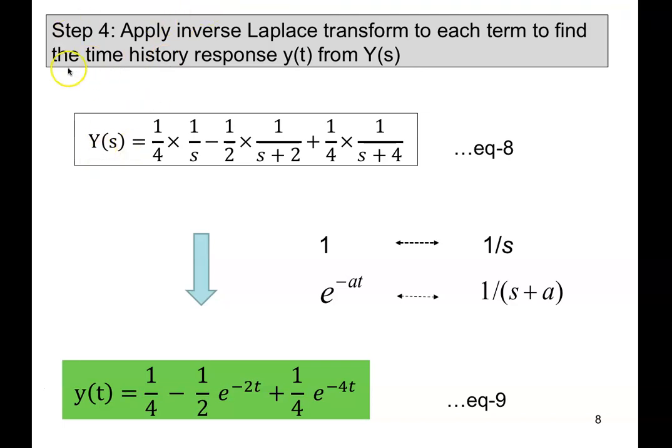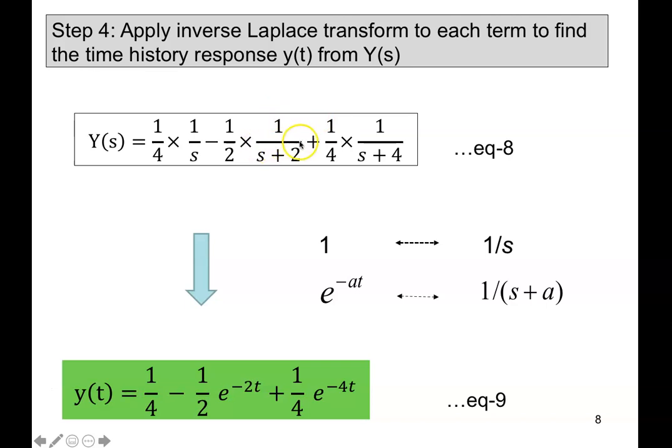So if you look at equation number 4, when the input was 1, the Laplace transform was 1 over s. If the Laplace transform is 1 over s, then the time domain is 1. So 1 over s corresponds in time domain to 1.